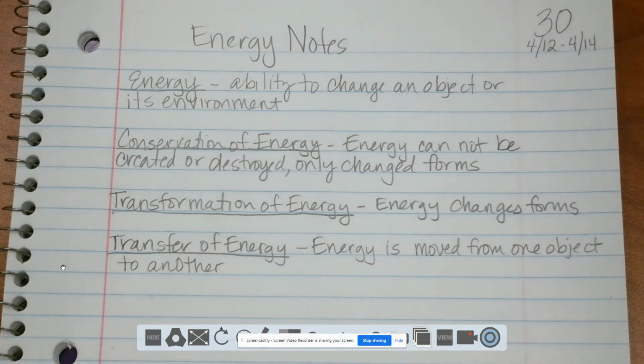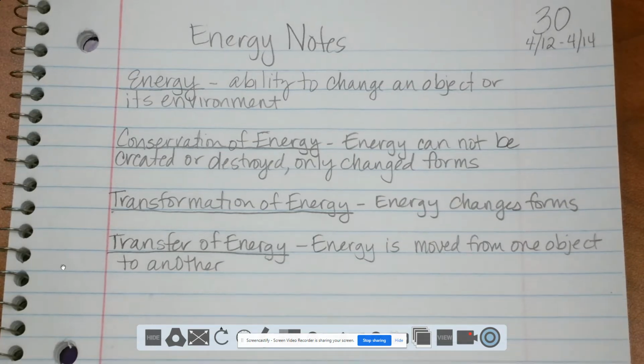So those two words sound alike, transformation and transfer, but remember, transformation means the energy had to change to a different form. Transfer just means it moved from object to object. So my coffee in my coffee mug that's right here next to me is going to heat up the coffee mug itself, and I might feel that heat. It just transferred from one object to another. Okay. So those are the big vocabulary words to think about while you're doing this.